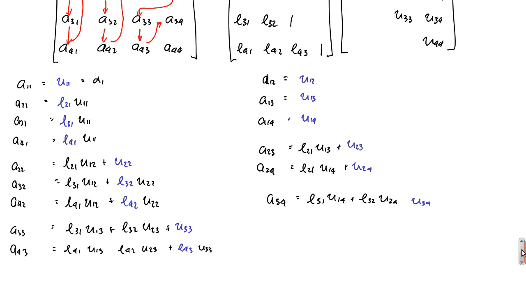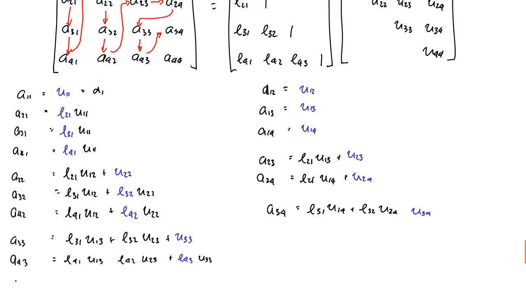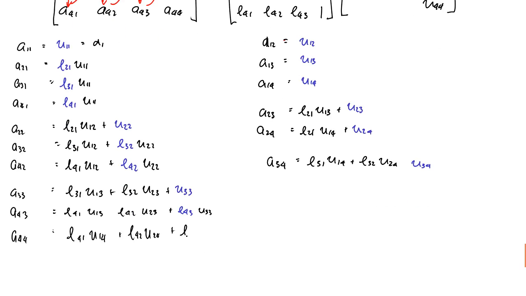Okay, we've got one last one to do, and then we're done. So A44, last row, last column, L41 U14, plus L42 U24, plus L43 U34, we've got all of these things, plus U44.